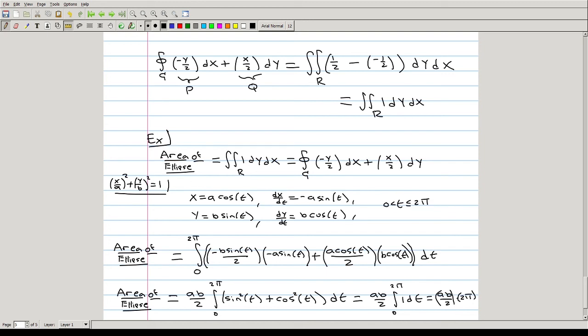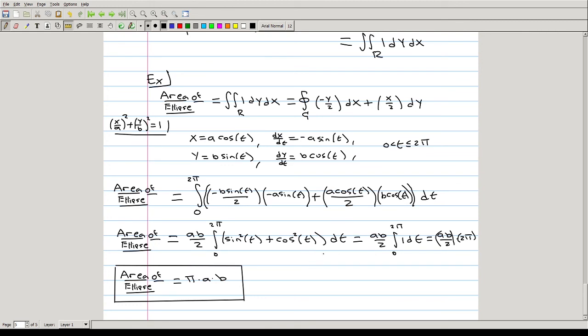So if we restrict ourselves to the ellipse and use the boundary curve, the integration becomes very, very easy. And this is typically one of the typical uses of Green's theorem: to simplify integration. We might have the integration of a very, very complicated vector field.